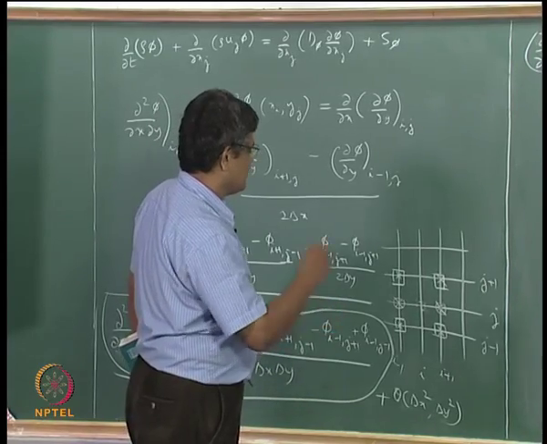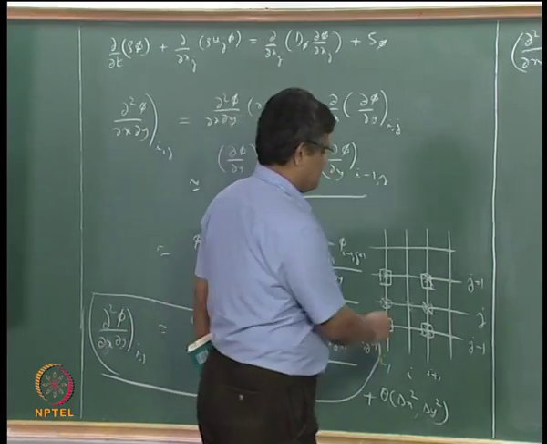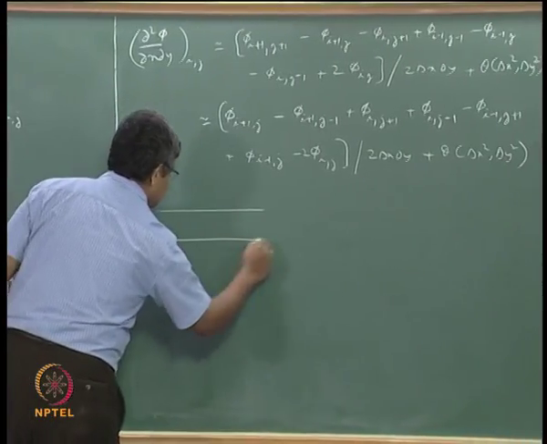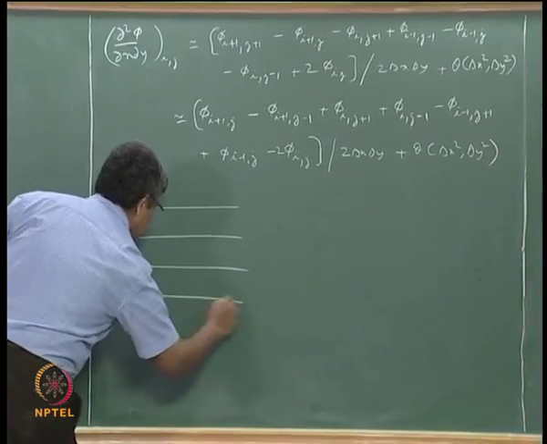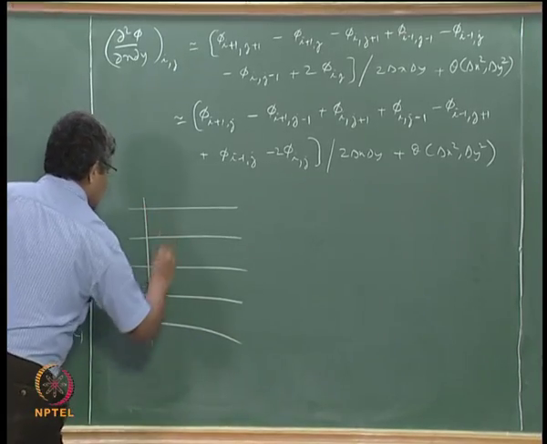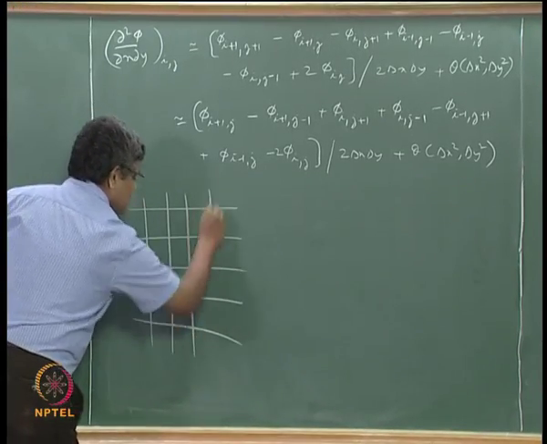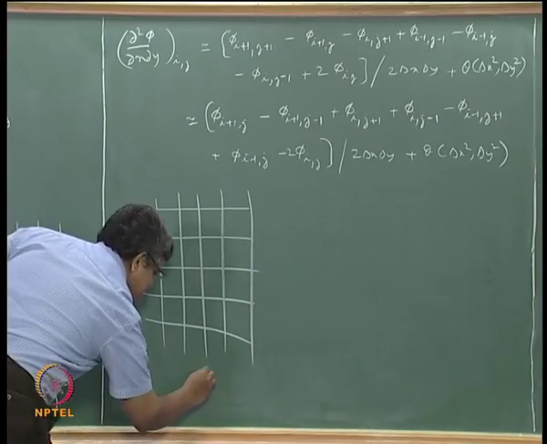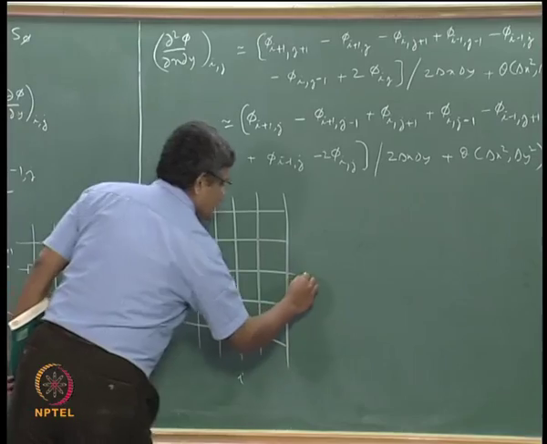Let us look at the corresponding computation molecule for these two formulas. Again, we have the x, y grid here. Let us take the center line to be i here, and this is j.